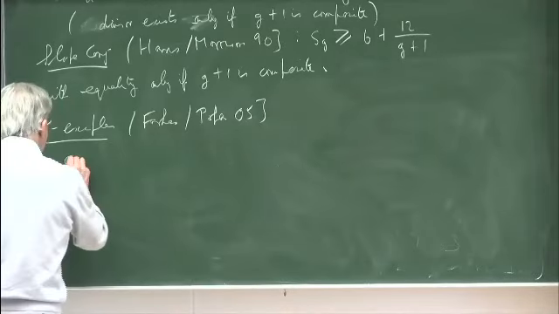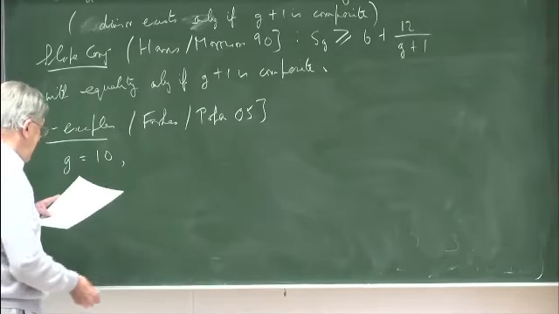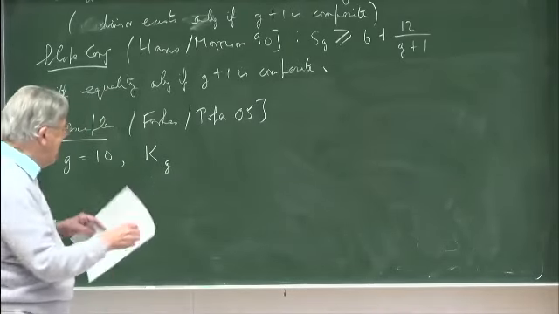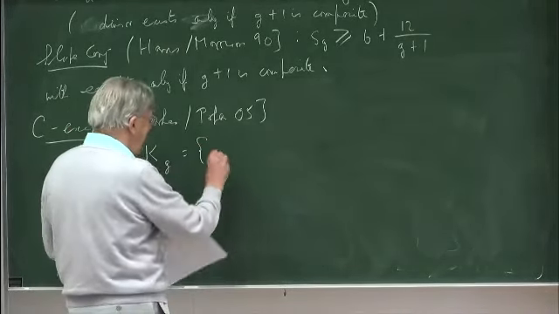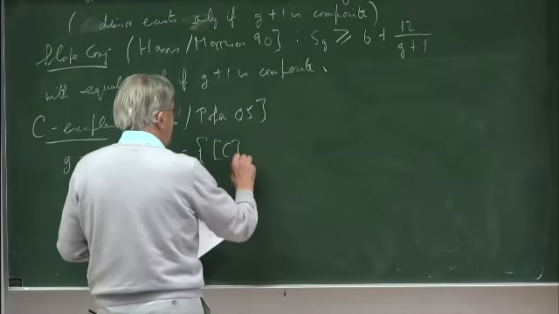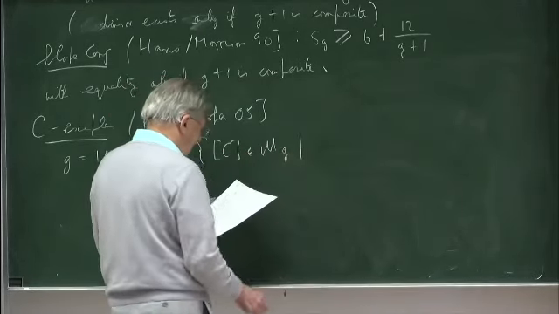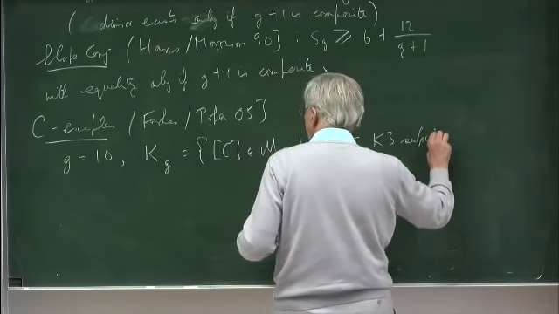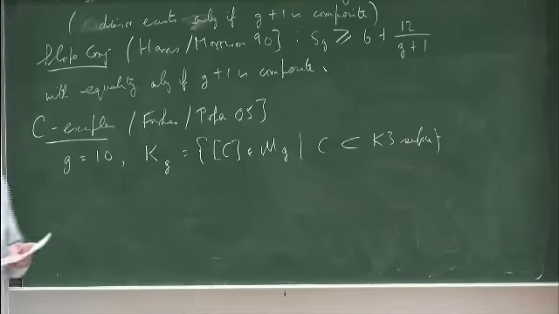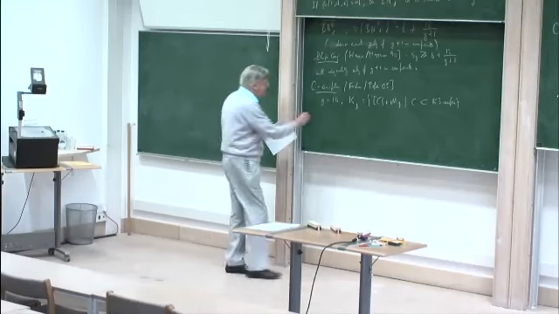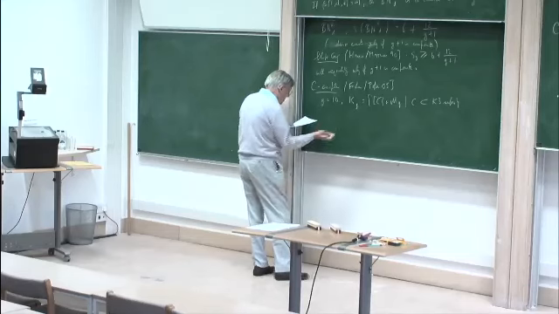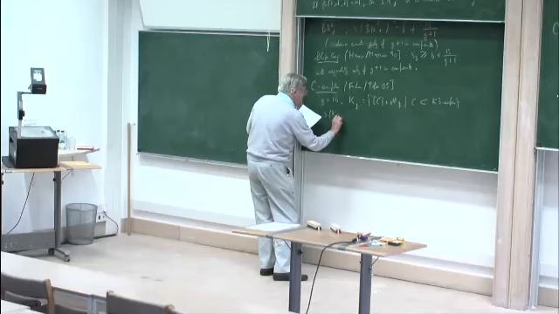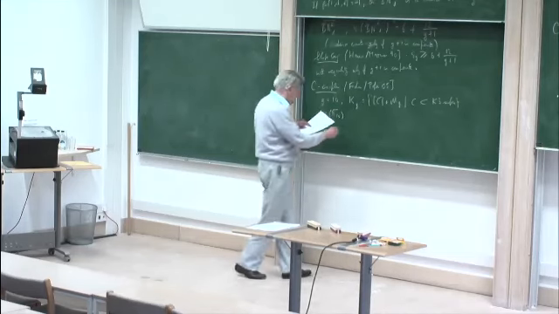We have g equals 10, and they define the following divisor, K_g. The simplest way of describing it is to take the classes of the curve C in M_g for which C is contained in a K3 surface. It turns out that the slope of its closure, K10 bar, is 7.